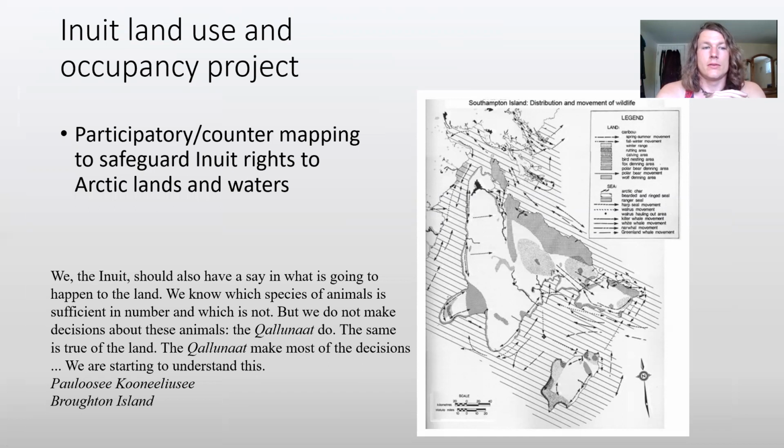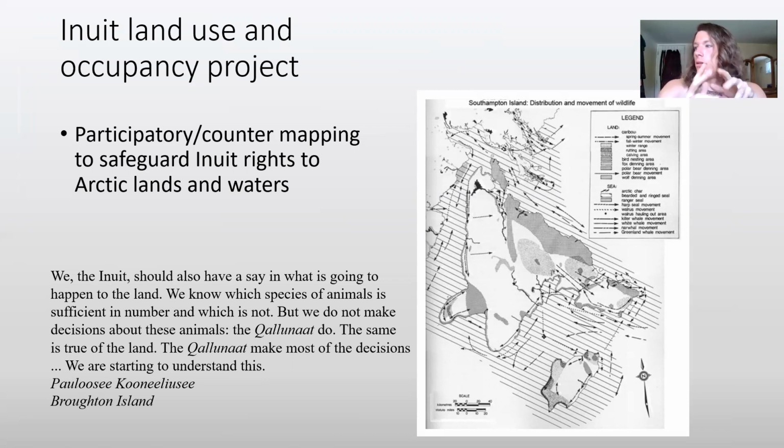An example from Canada is the Inuit Land Use and Occupancy Project. So this was a participatory/counter-mapping project that was aimed at safeguarding Inuit rights to Arctic lands and waters. And so essentially what had happened was the Inuit were becoming increasingly concerned about Canadian expansion into their lands, specifically resource extraction projects that were causing damage to the wildlife and their traditional land.